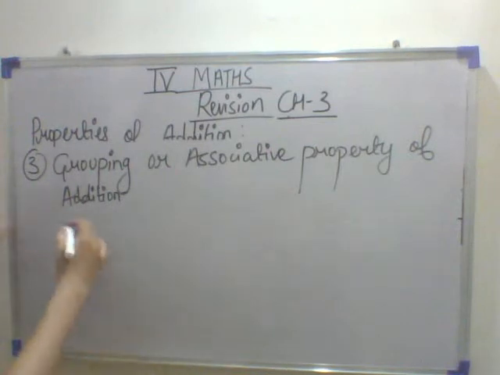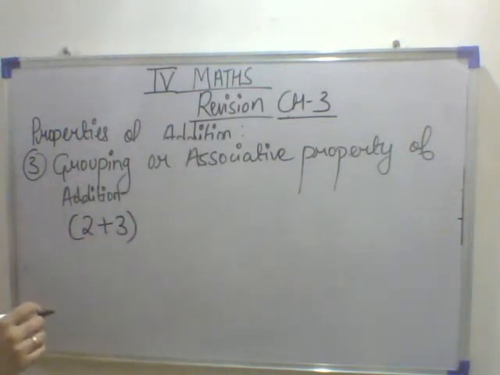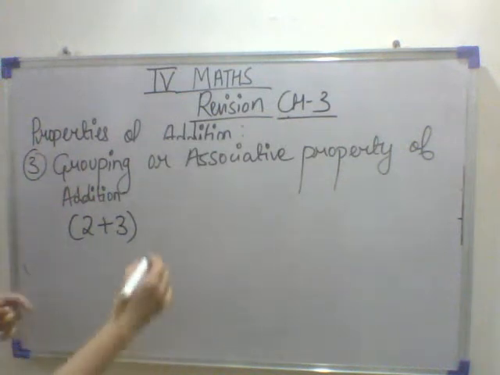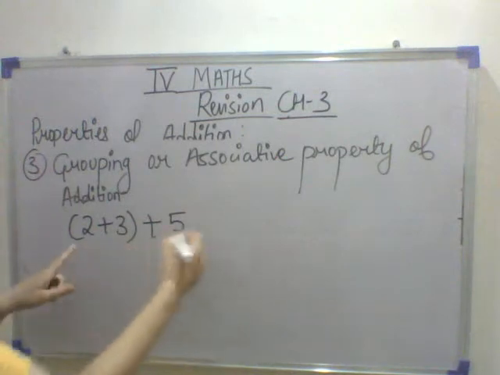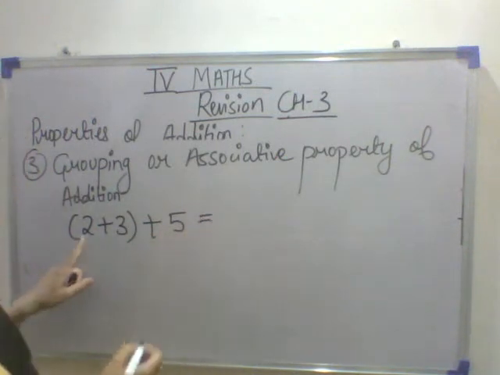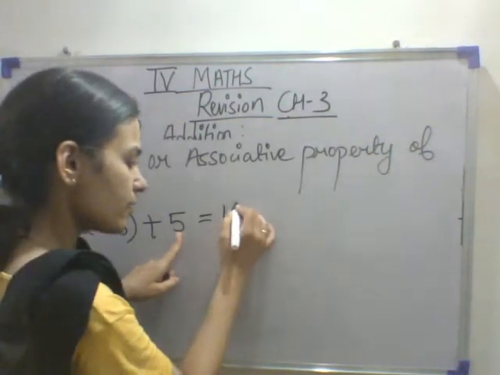In this, let us take an example like 2 plus 3 plus 5. How much will you be getting? 2 plus 3 is 5. 5 plus 5 is 10.